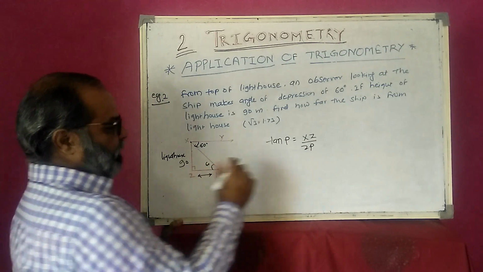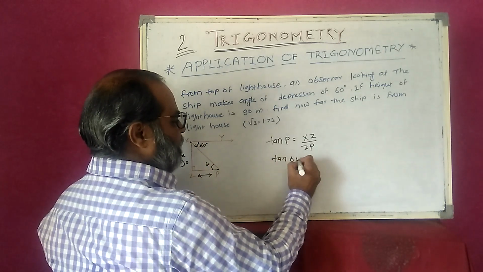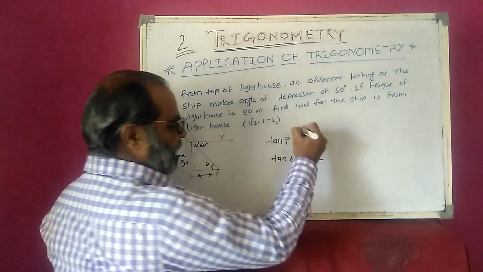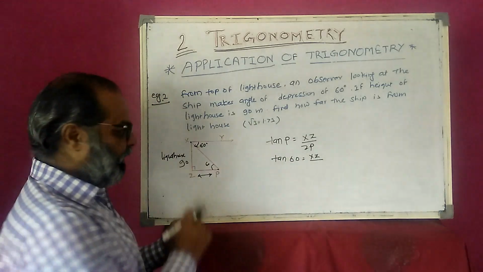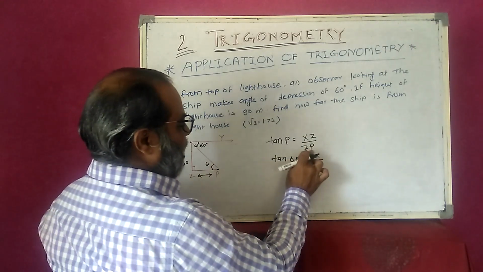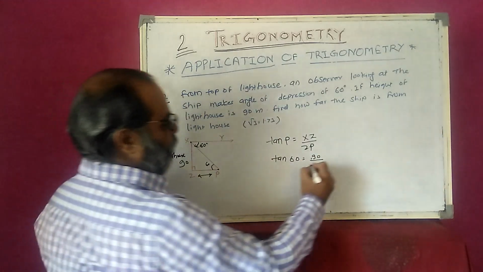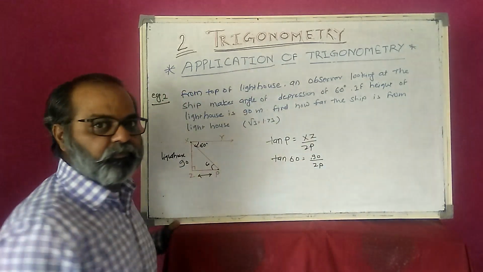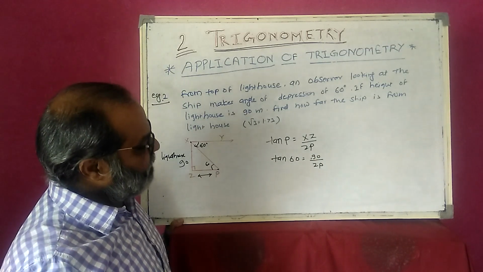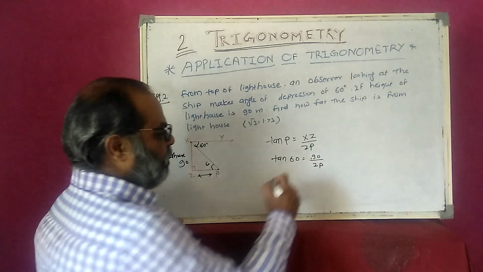So tan 60 is equal to XZ, that is the height of the lighthouse, which is given as 90, and ZP we want to find. Now, what is the value of tan 60? It is root 3.